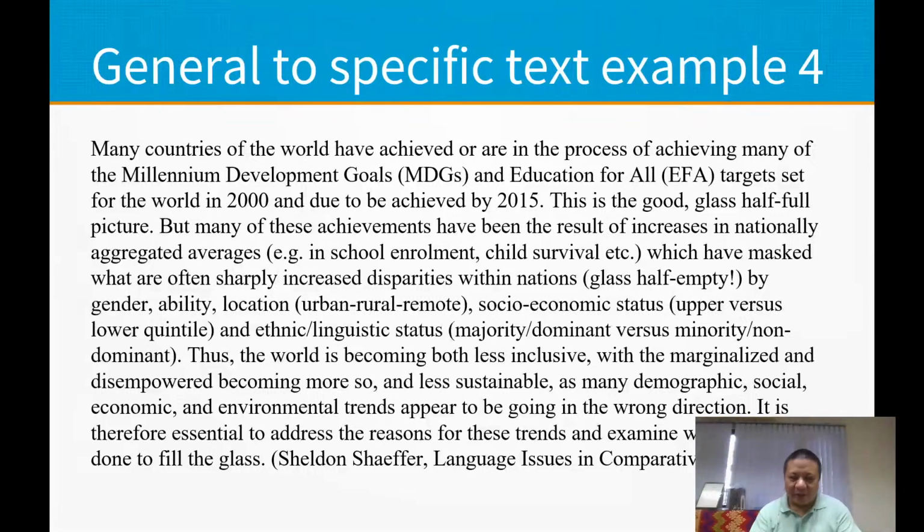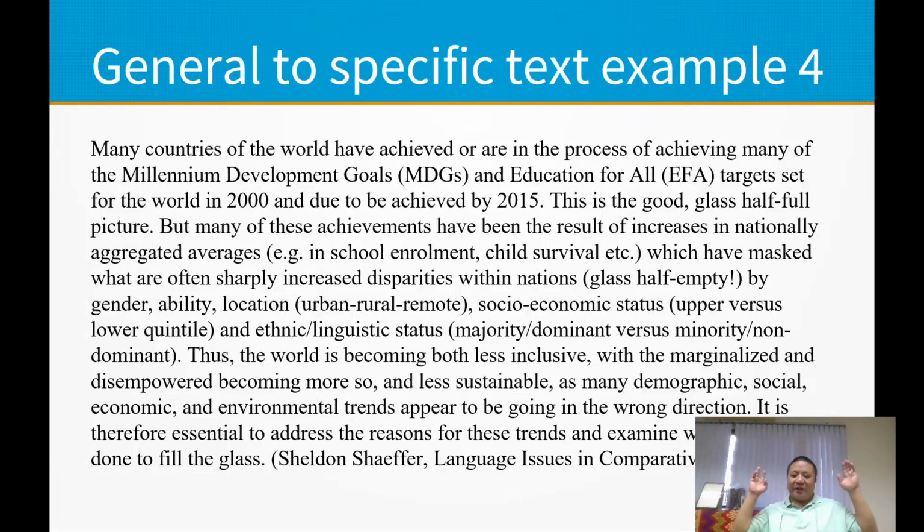Thus, the world is becoming less inclusive, with the marginalized and disempowered becoming more so, and less sustainable, as many demographic, social, economic, and environmental trends appear to be going in the wrong direction. It is therefore essential to address the reasons for these trends and examine what can be done to fill the glass.